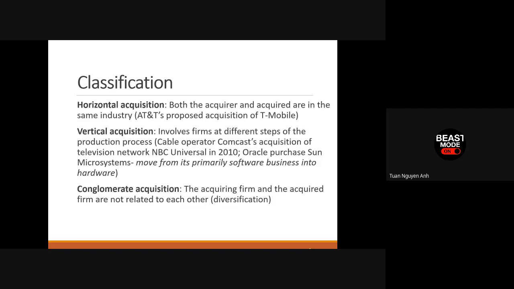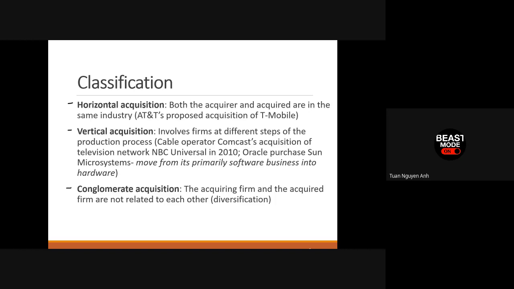And here we go to some classification of acquisitions. We have three kinds: horizontal, vertical, and conglomerate. There is a little bit of difference between these three kinds. The first one, horizontal acquisition, is the situation where both the acquirer and the acquired firm are in the same industry.